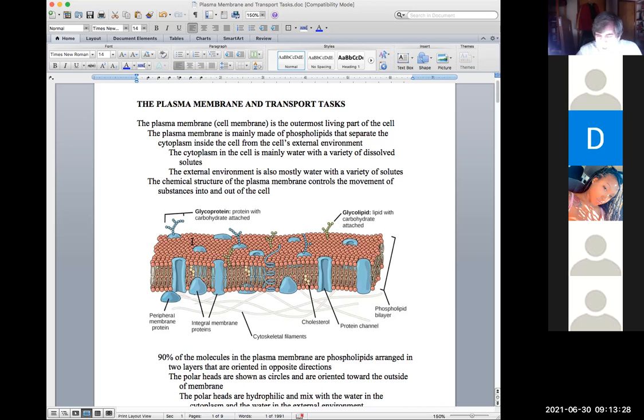Some of the proteins on the outer surface, now notice this is only proteins on the outer surface. This isn't true about proteins on the inner surface of the membrane. But some of the proteins on the outer surface work as recognition molecules, or ID tags, you could think of them.